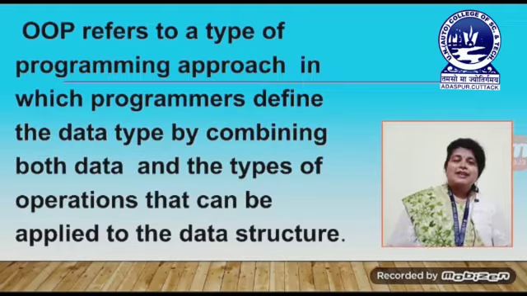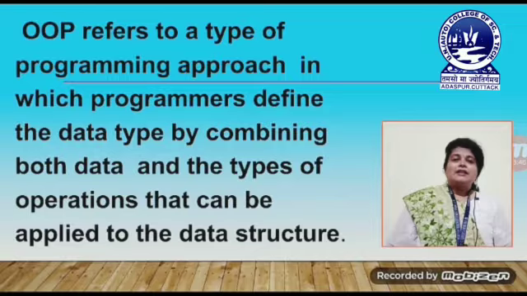I can give you a very simple example. Suppose you are writing a program in C and you are taking a variable, int a. A is a numeric or integer variable. But if in OOP you want to perform some operation on a numeric variable, then it is advisable that the programmer prefer to use a class instead of a single variable.